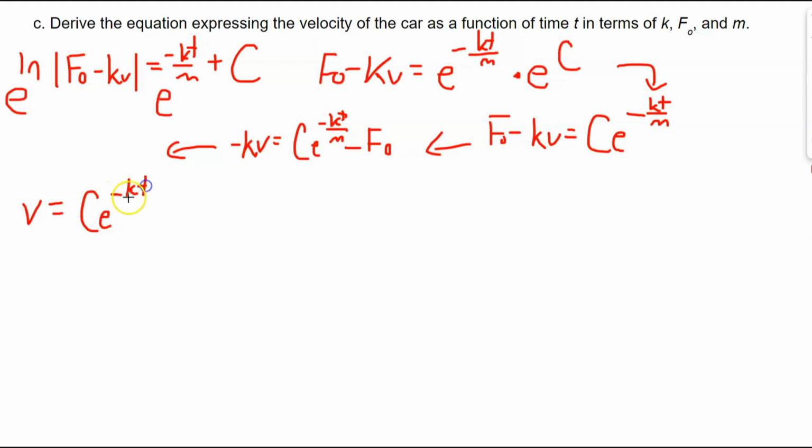Remember, if you divide c by negative k, the coefficient's still just gonna be c. It won't even be negative c, it'll still just be positive c.